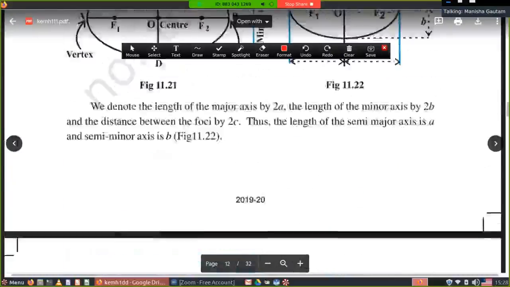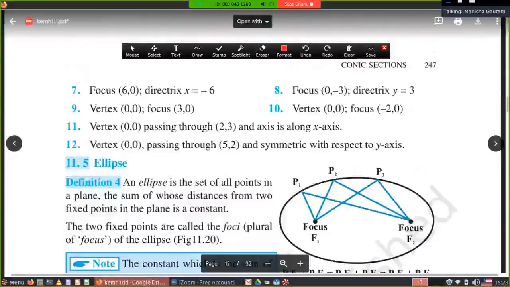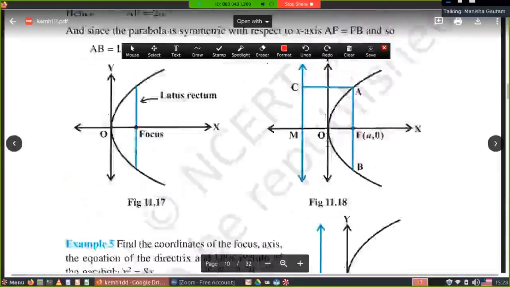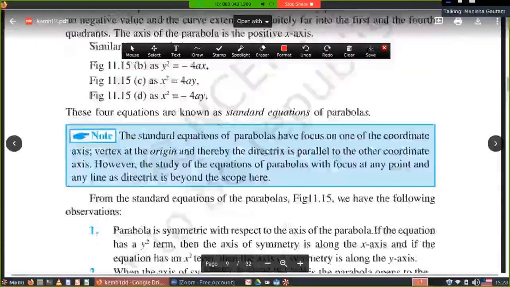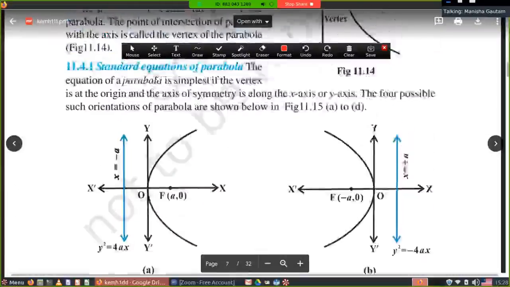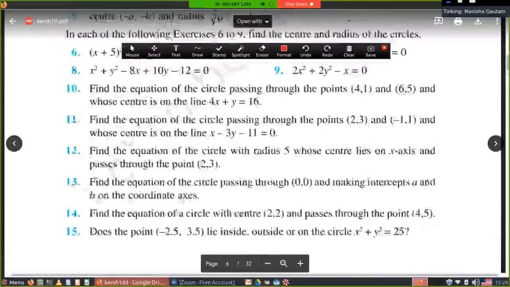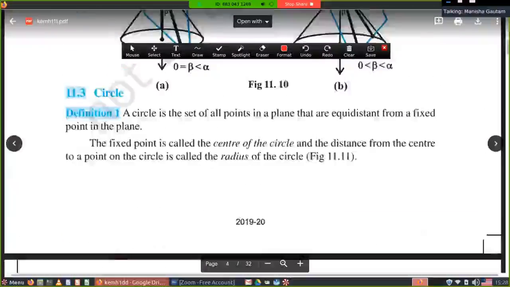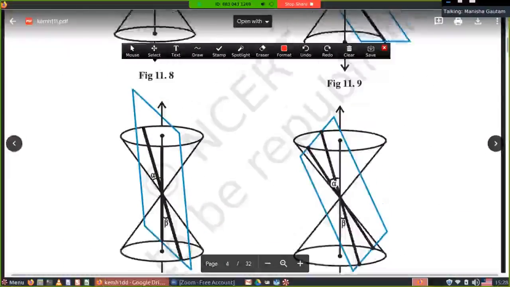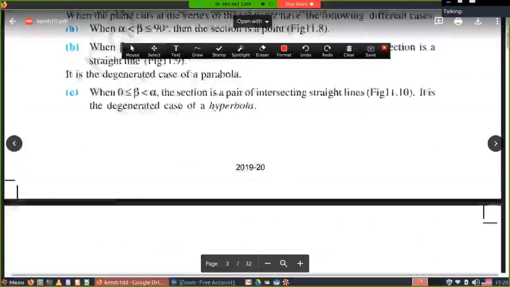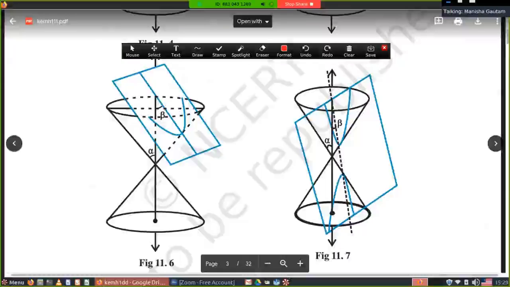On page number 238 it is shown, because it's very important to get an idea about the figure. What is a hyperbola, then you can get it. Now here is the shape. Let's see. Yes, this is the shape.